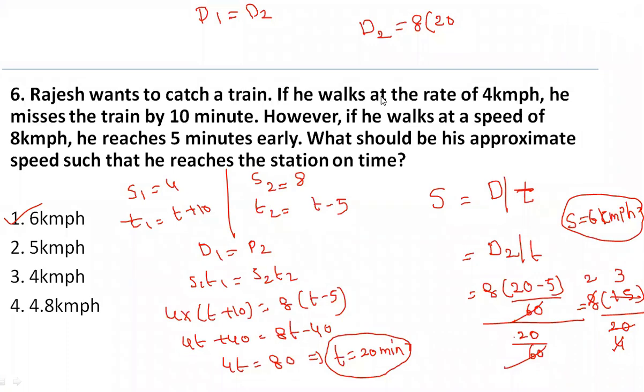If you apply, you can find the time, and the time you get is in minutes, not in hours. Make sure you convert it into hours while the speed is in kilometer per hour. To find the actual speed, that is distance by time, you take either D1 or D2. I'm taking D2 here and substituting, converting time from minutes into hours. I got 6 kilometer per hour as the answer.